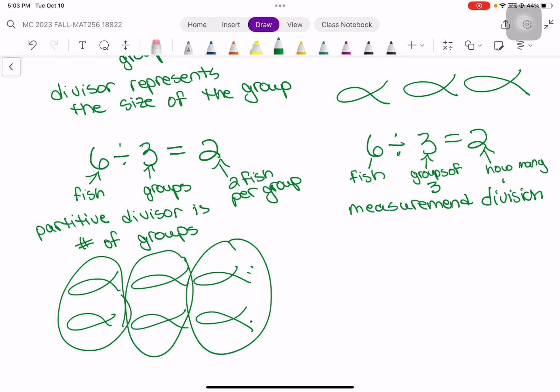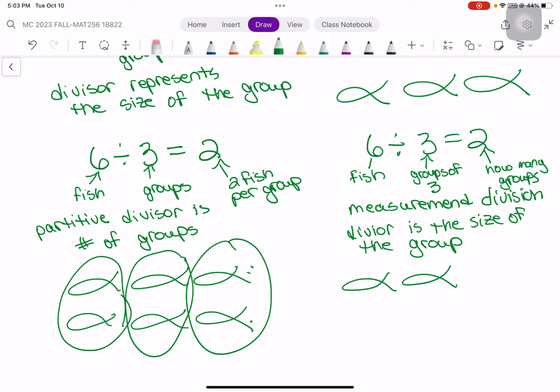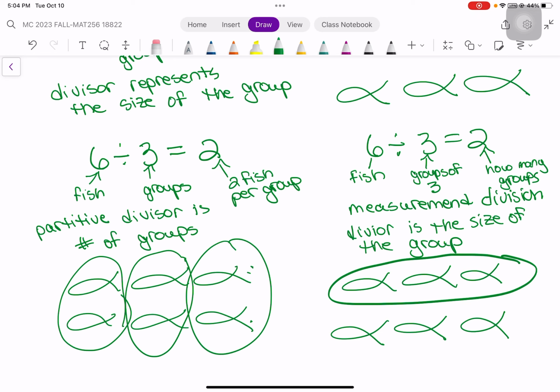A different idea, because this time our divisor is the size of the group. So this time I have 6 fish again. This time I want to put them in groups of size 3. So there's 1 group of size 3, 2 groups of size 3. So now I've answered the question. I have 2 groups of size 3.